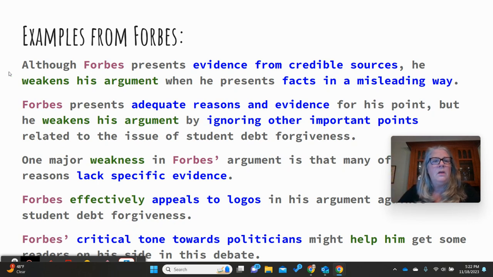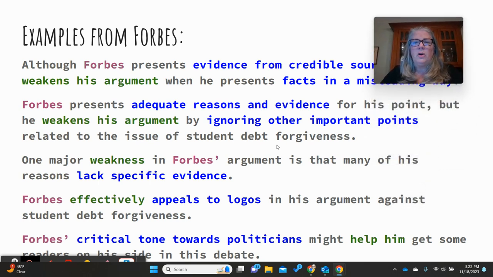All right. So although Forbes presents evidence from credible sources, he weakens his argument when he presents facts in a misleading way. So this is all about the credibility of his evidence. Forbes presents adequate reasons and evidence for his points, but he weakens his argument by ignoring other important points related to the issue of student debt forgiveness. One major weakness in Forbes' argument is that many of his reasons lack specific evidence.